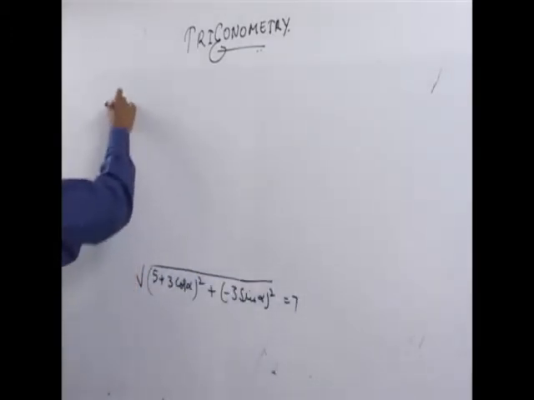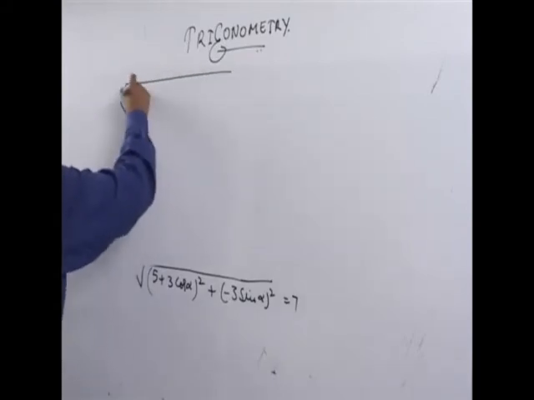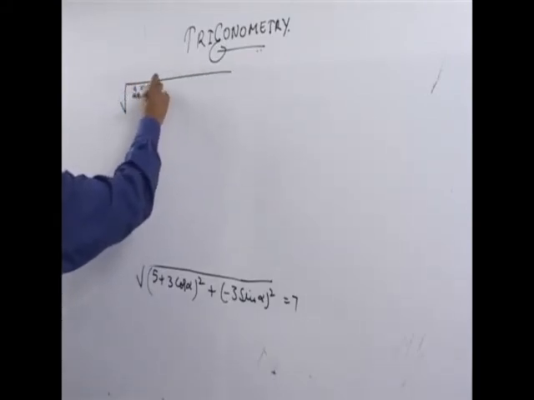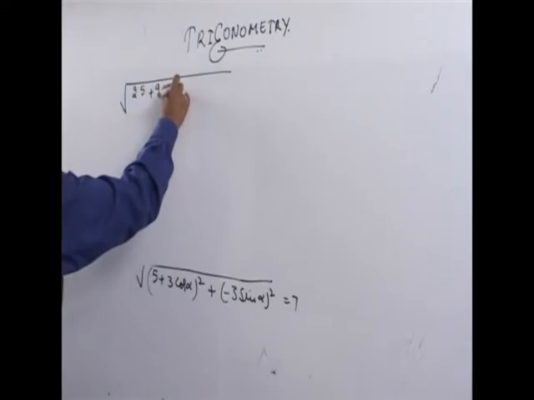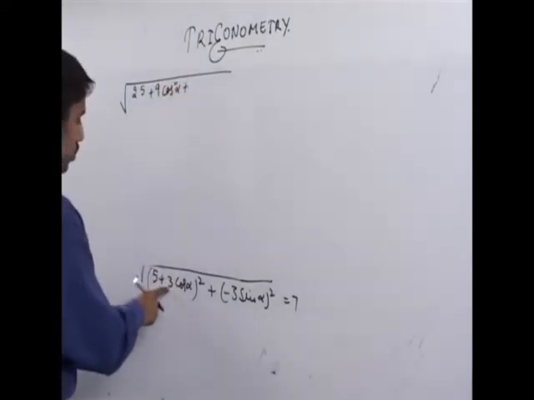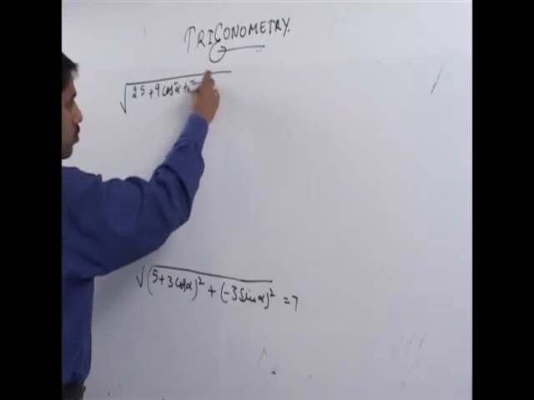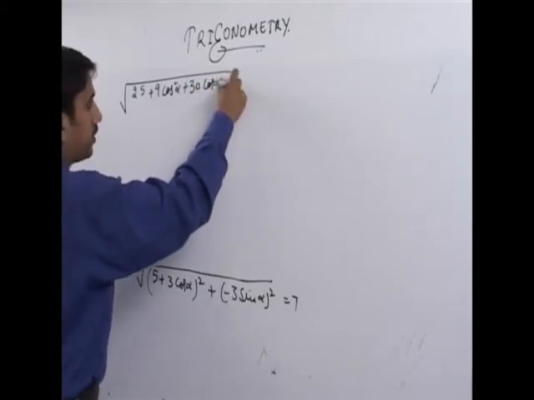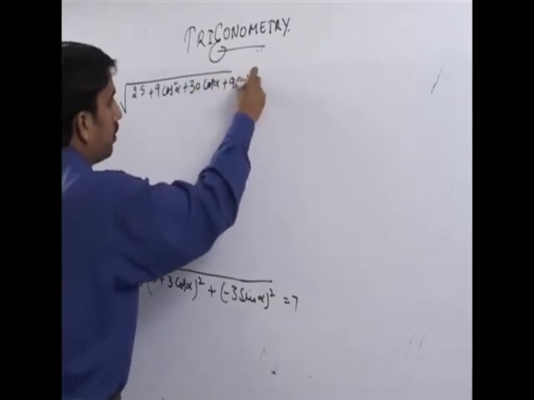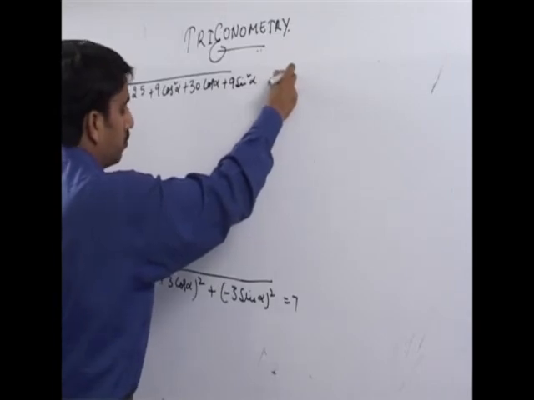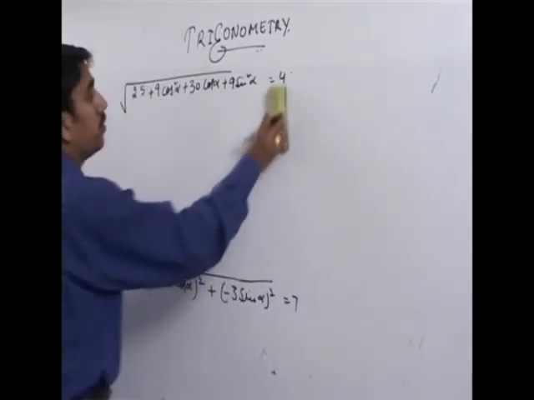This is whole under the root 25 plus 9 cos square alpha plus 2 times 3 times 5, which is 30 cos alpha, plus 9 sin square alpha, and this is equal to 7.